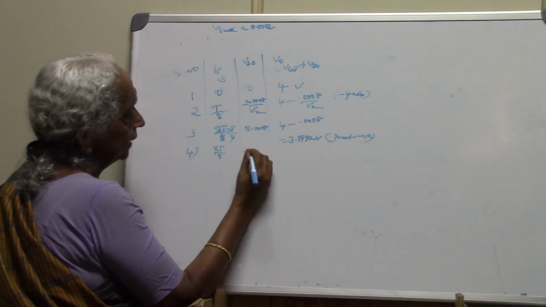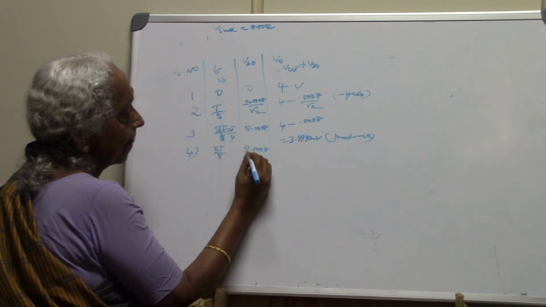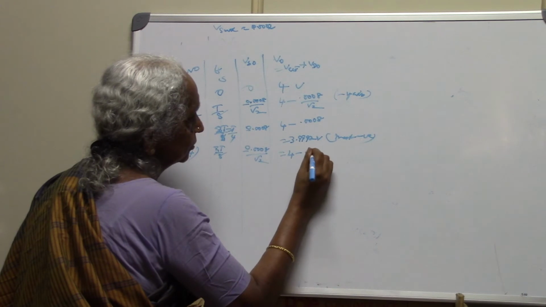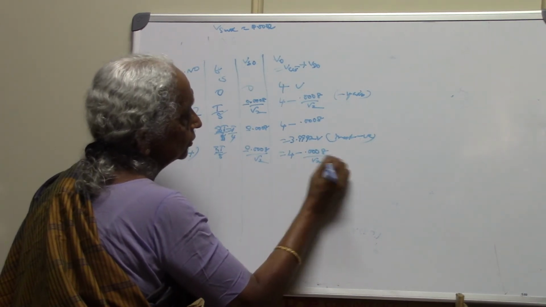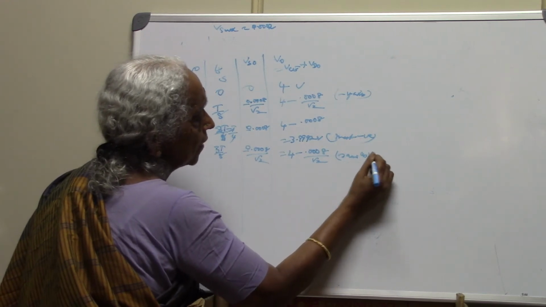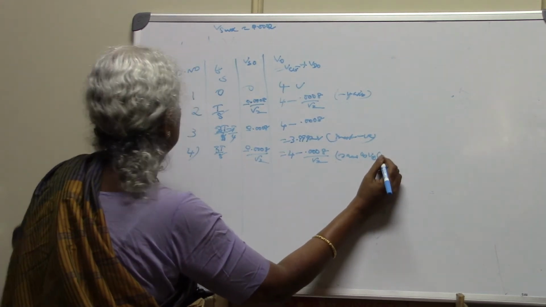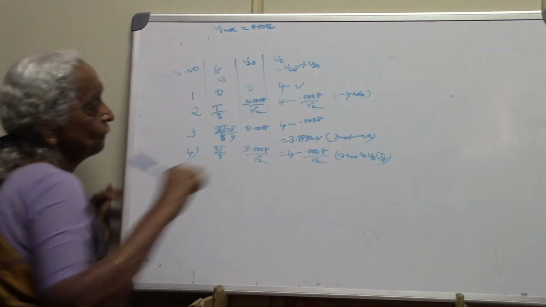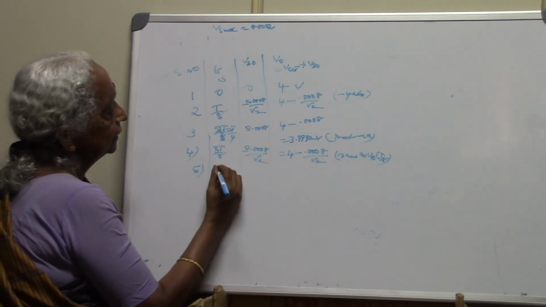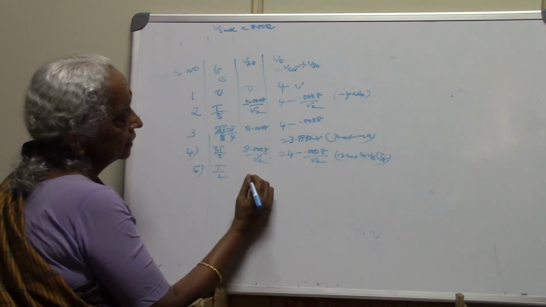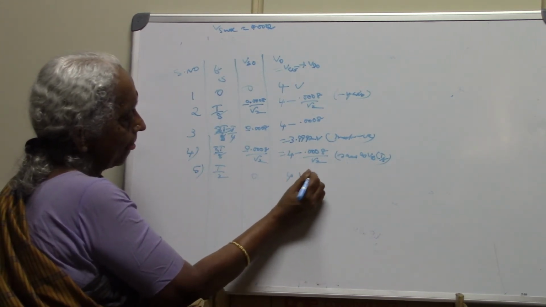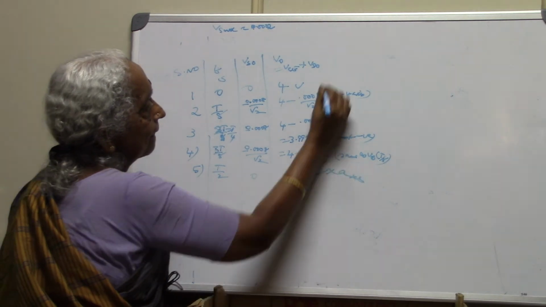It will be minus 0.0008 by root 2. This will be 4 minus 0.0008 by root 2, same as VO at T by 8. Next, fifth one, T by 2, which is 4T by 8, it will be 0, and therefore it will be 4, on the x-axis.